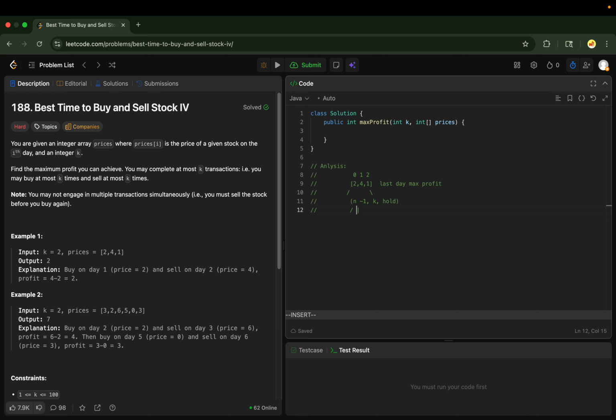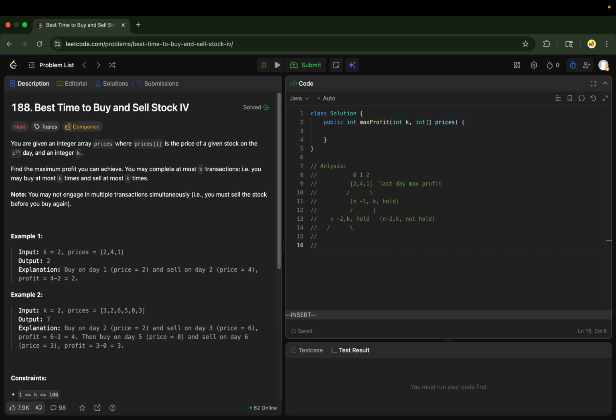So we have to depend on two things now, the previous day and k, and hold. It's kind of like a tree, looks like this, right? k minus 1 not hold, and the tree will be bigger and bigger.